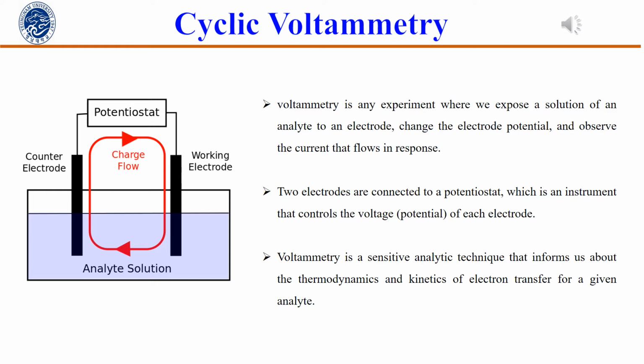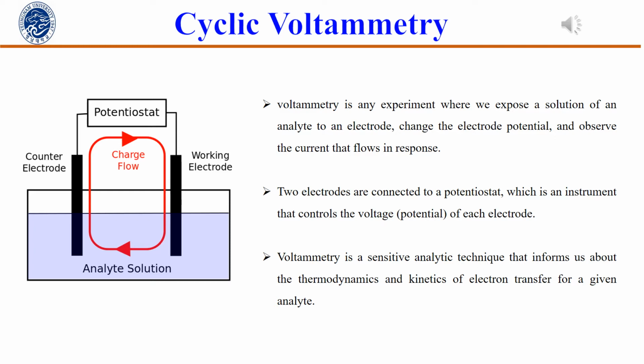What will we do here? We change the electrode potential or voltage. So whenever we change the potential of the electrode, then we will observe a current which flows with respect to the applied potential.